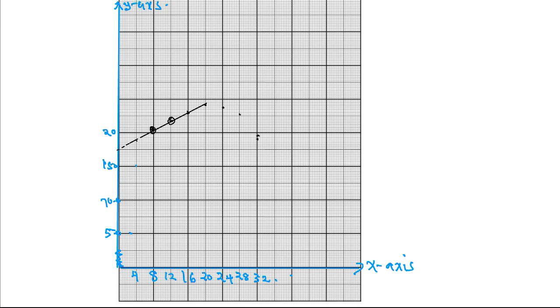So these are well plotted. Then we have the back line, the one that is dropping.